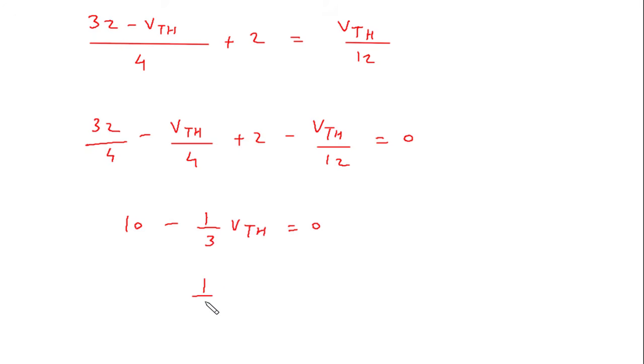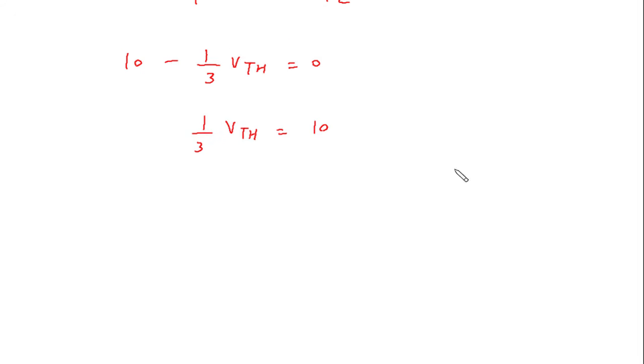So this will be 1 by 3 VTH is equal to 10. So therefore VTH is equal to 30 volt.